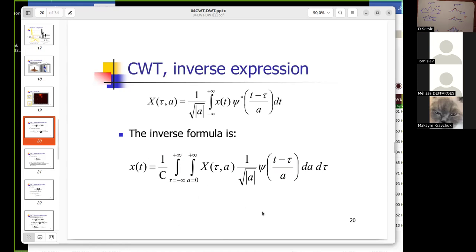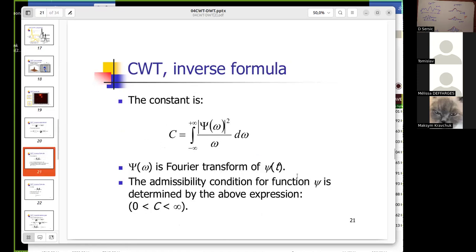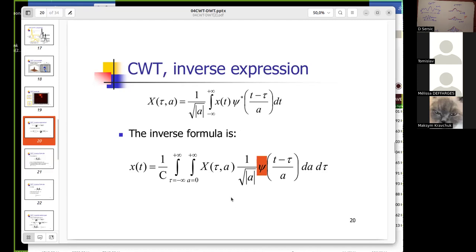How do we know whether our wavelet was admissible, whether it preserves information, and whether the inverse formula is possible or not?